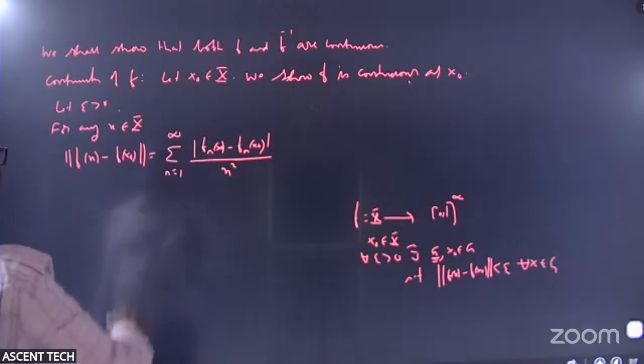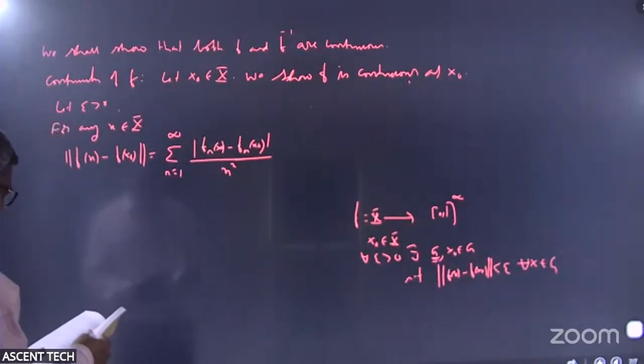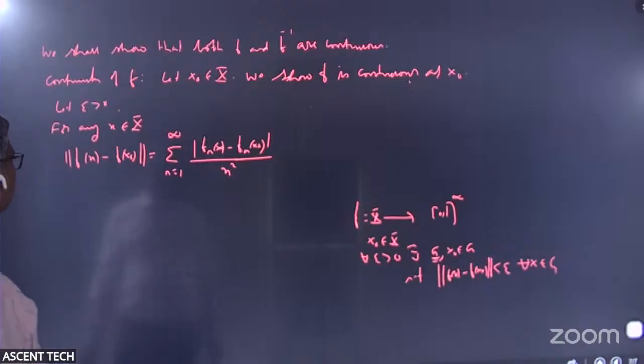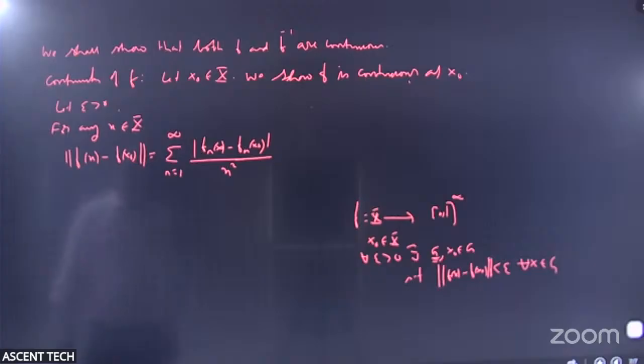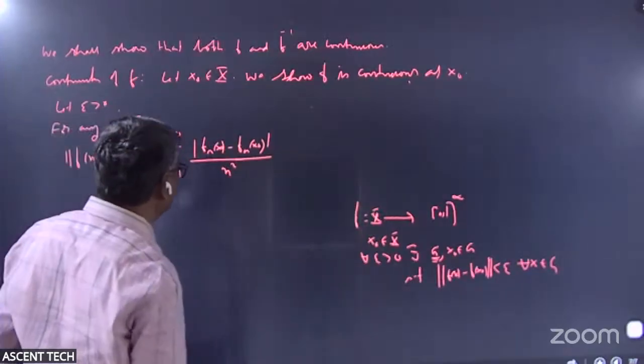This is convergent. Okay. I want to make it very small. That's what I want to try to do. This converges, only I want to make it very, very small. Because it converges, the tail end becomes as small as you want.